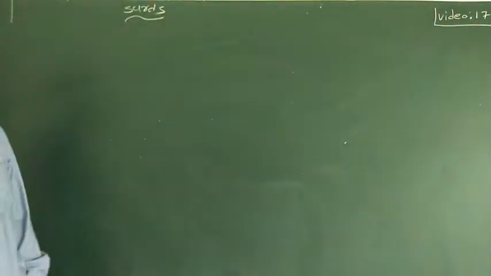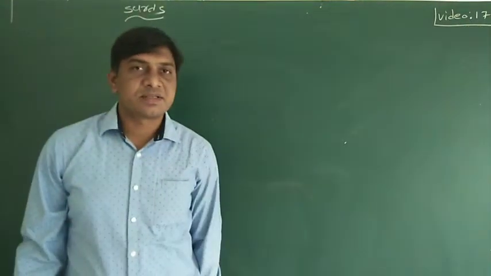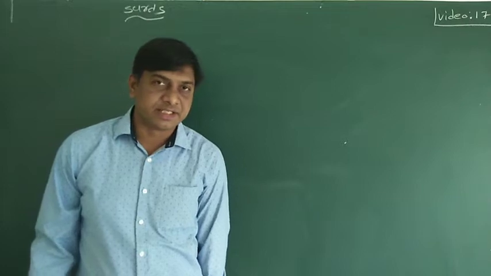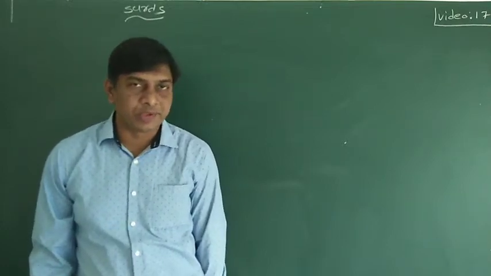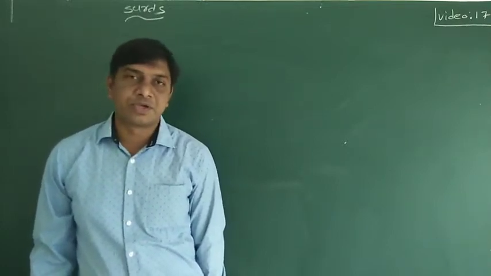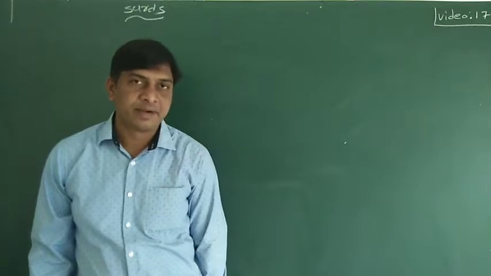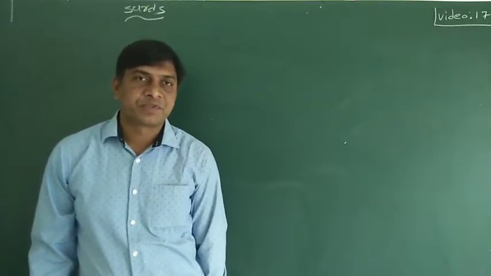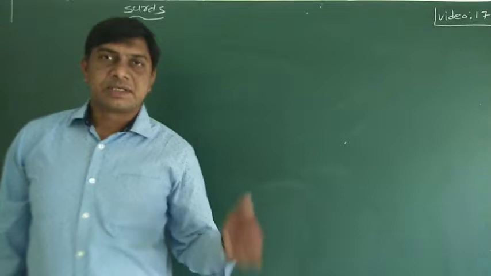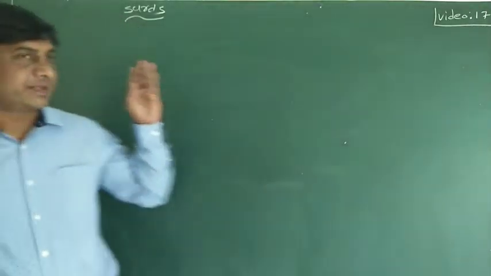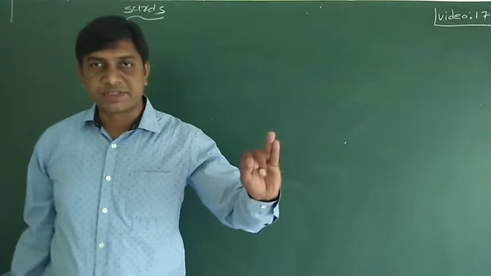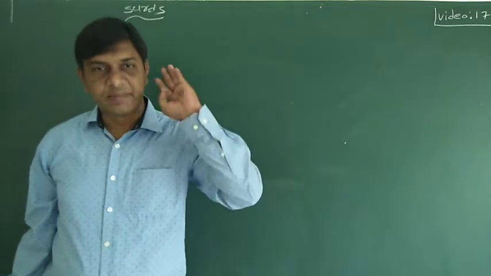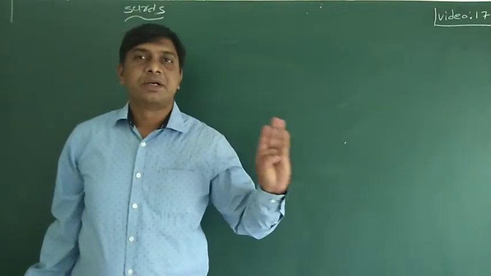Welcome to maths class. Last classes we learned about rationalization, how to find the square root, and how to find the cube root. Understood? In surds we discussed pure surd, mixed surd, compound surd, binomial surd.